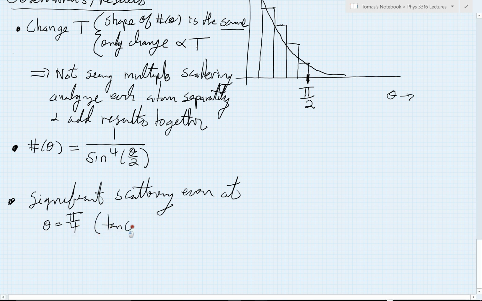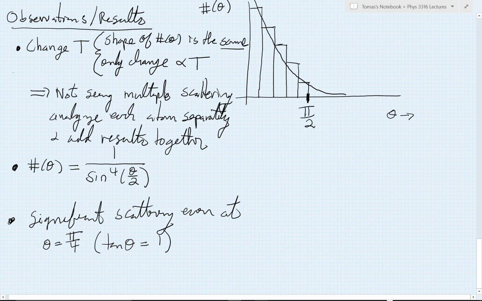You'll see why in a moment, but that's because the tangent of that angle happens to be 1. This just has to do with how I like to think about the results. So those are the observations and results. Next, I want to move on to thinking about the analysis.